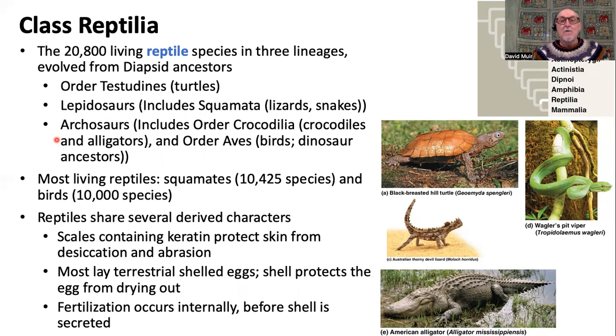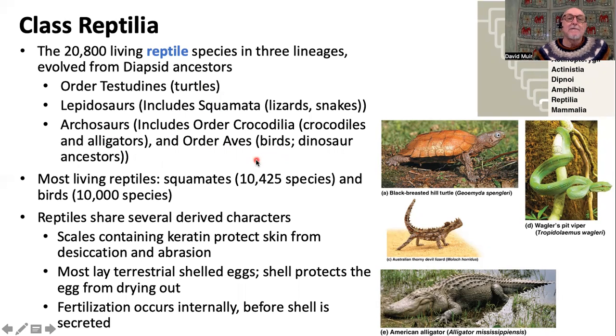And the Archosaurs are a group which include the crocodiles and, surprisingly, the birds. And it would have included the dinosaurs if the dinosaurs had still been extant. The point is, though, that the dinosaurs, in fact, have in a way survived because we still have this Archosaur group, which are the birds, which are derived from their dinosaur ancestors.